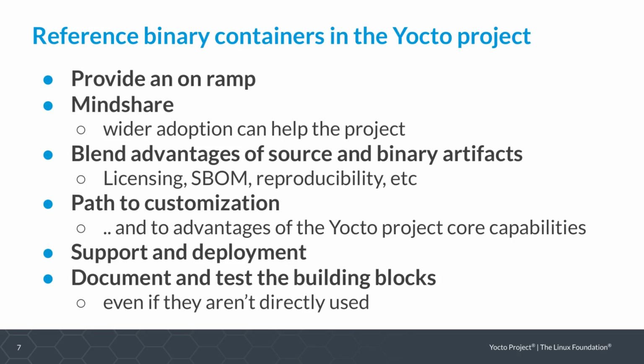And of course, there is always a path to customization, meaning whatever was used to build that binary output, you can get at the hash equivalency, you can get at the state. So you have a path to customize it yourself more easily than if you started with some other distribution's base container.